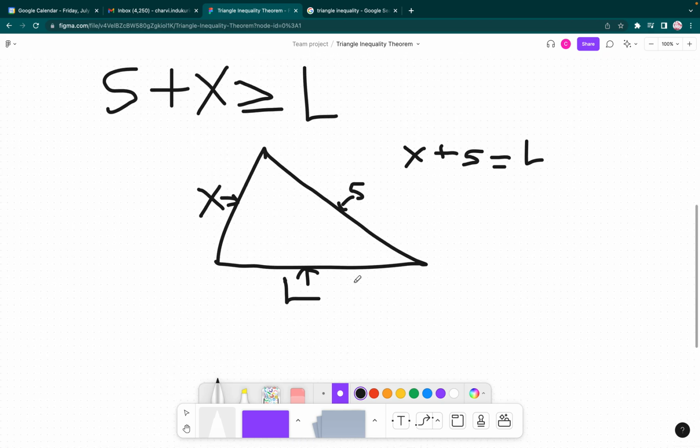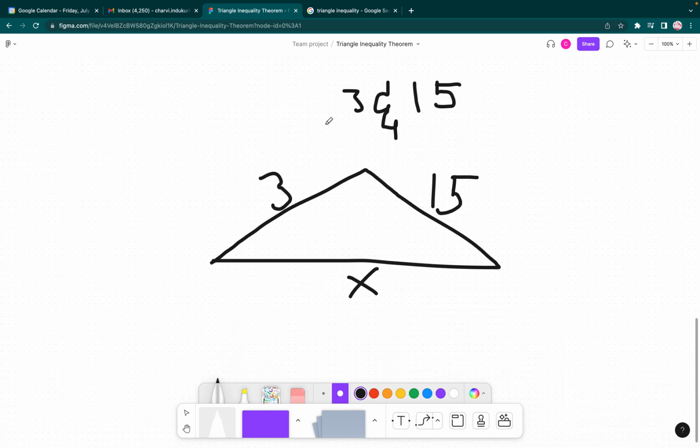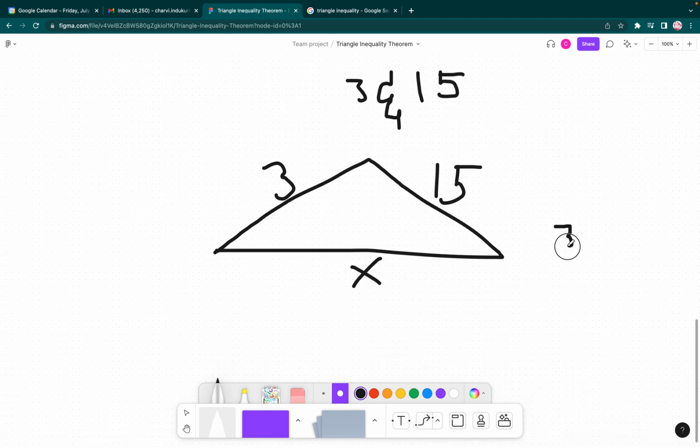To do that, remember we're going back to this one: S plus X is greater than or equal to L. So over here, 3 plus 15 is equal to 18, right?